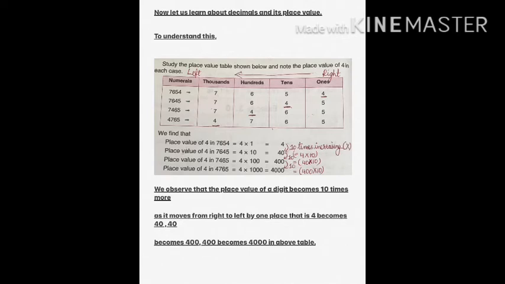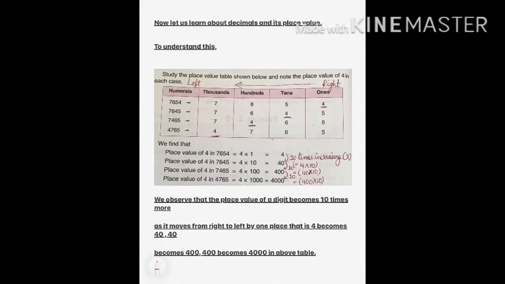Now we will learn this with the help of a place value chart. This is the place value chart from ones, tens, hundreds, thousands, and so on. We have learned up to crores in this class.